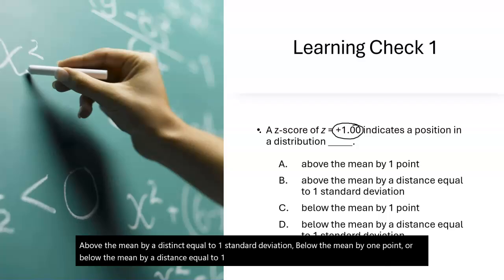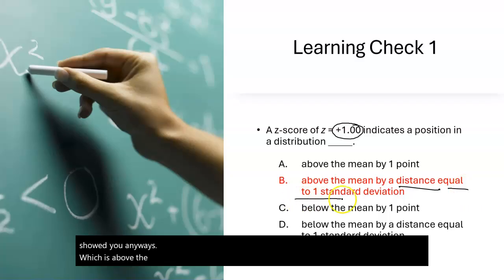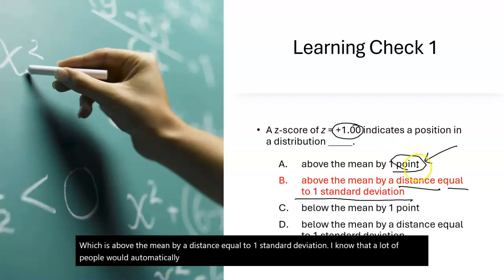Obviously I messed up and showed you the answer anyway, which is above the mean by a distance equal to 1 standard deviation. I know that a lot of people would automatically jump to above the mean by 1 point, but it's not a point. It is 1 standard deviation.